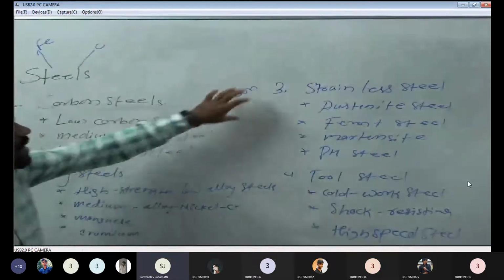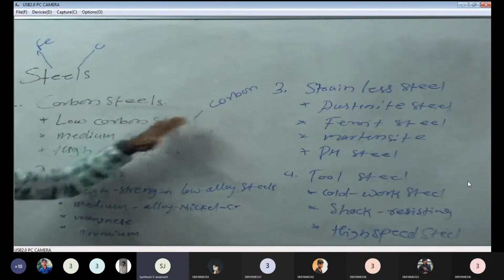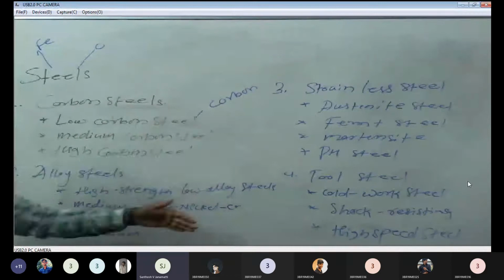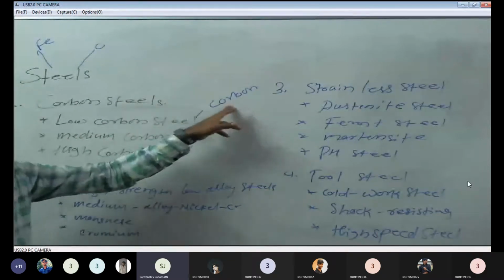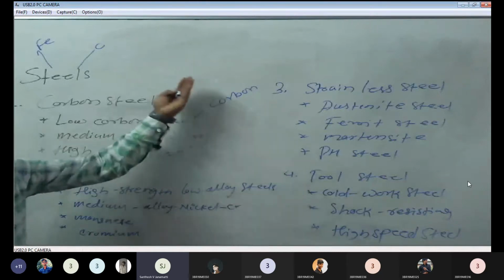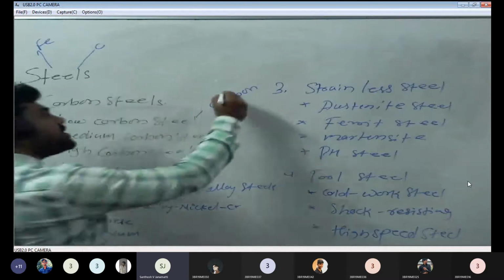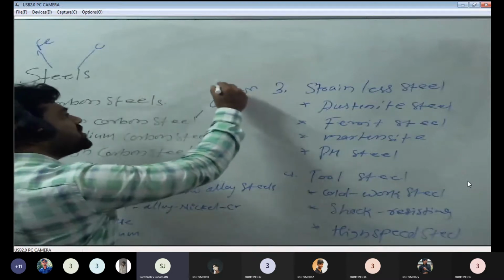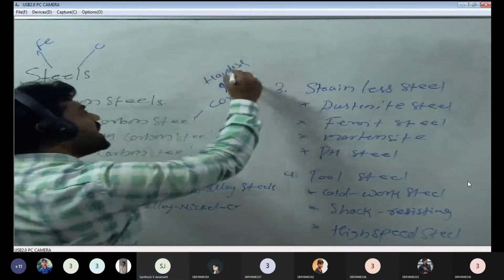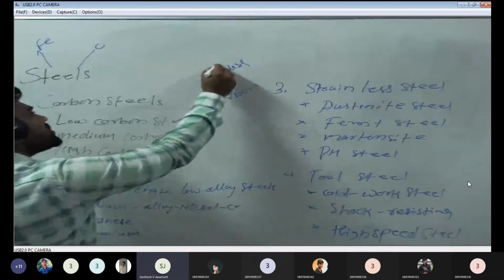See how we are allowed to increase the carbon content in the steels. In the same way, we can expect the mechanical properties from that particular steel, because carbon plays a vital role in the iron. How does carbon affect the steel or iron? Simple case: where there is carbon, there is hardness. Carbon content increases the hardness of the steel, as well as sometimes the strength.